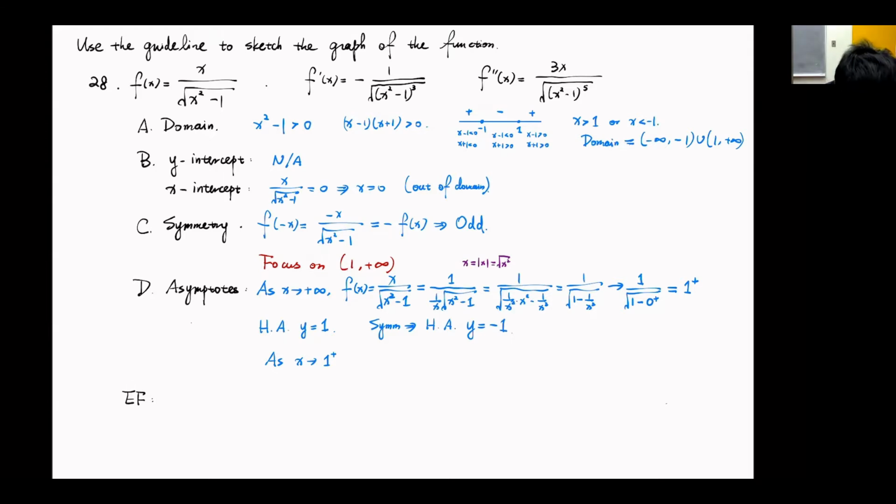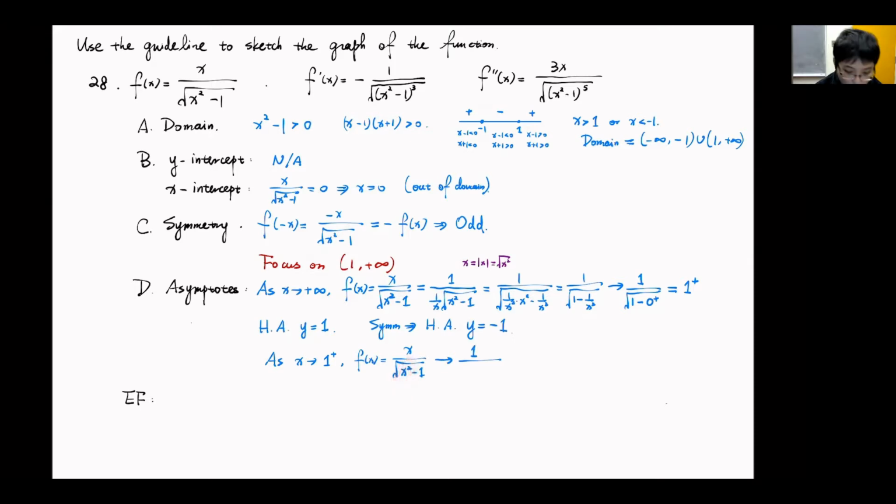As x approaches 1 from the right, my f of x, being the quotient, is going to be the following. The numerator is approaching 1, and for the denominator, notice that x is a little bit greater than 1, so x squared will also be a little bit greater than 1.